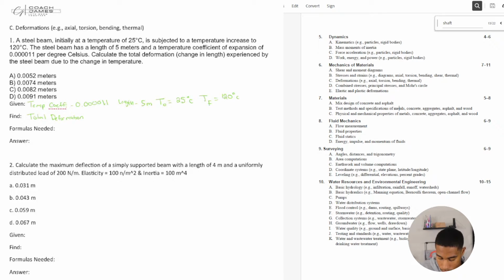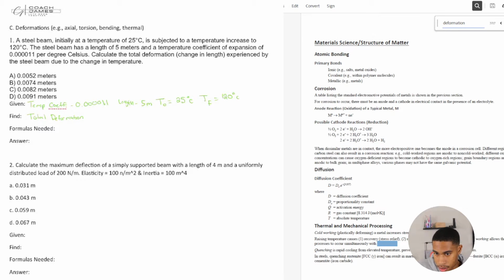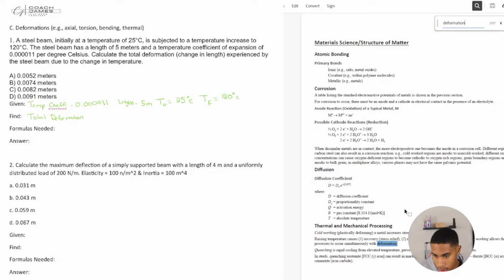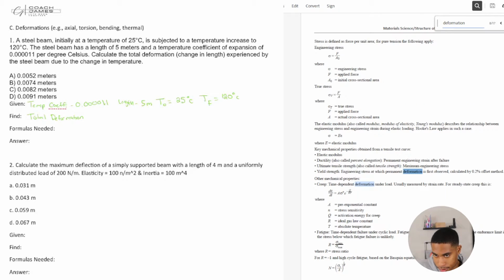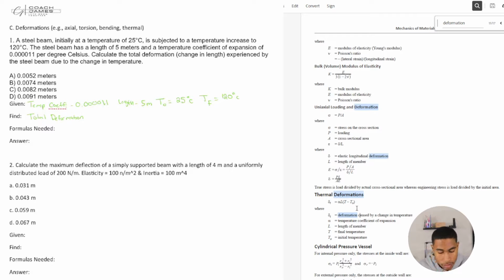To find this, I'm going to search for deformation, and I'm looking for something dealing with temperature. I saw something about thermal, so that's why I went back. Thermal deformations.